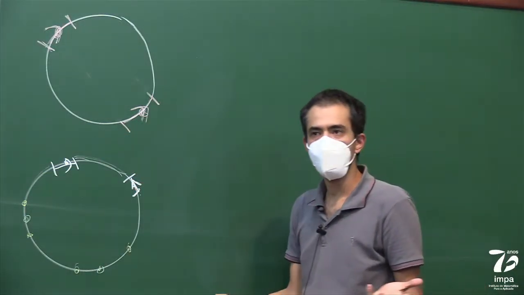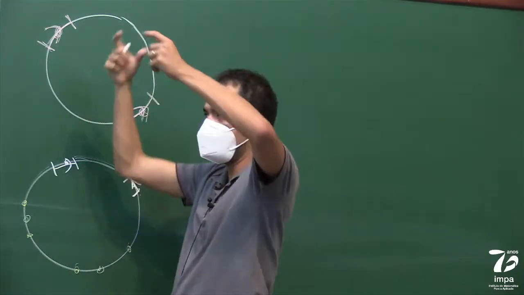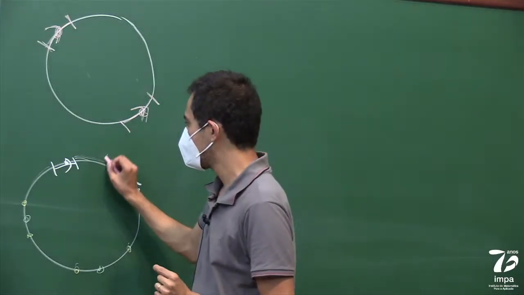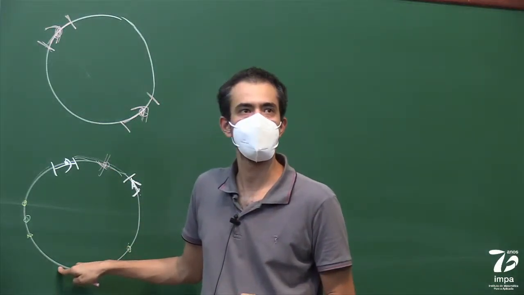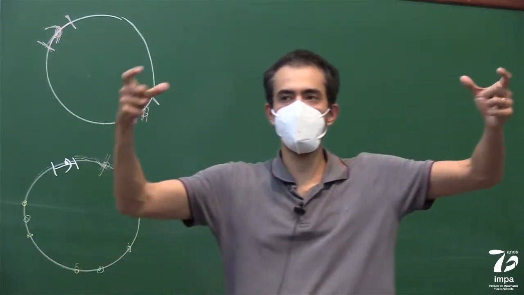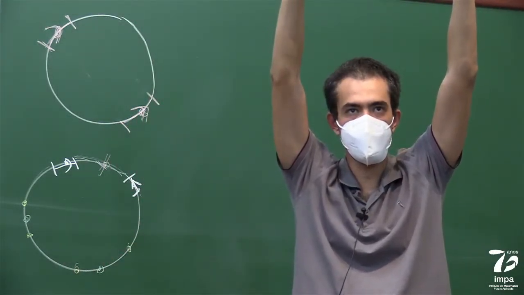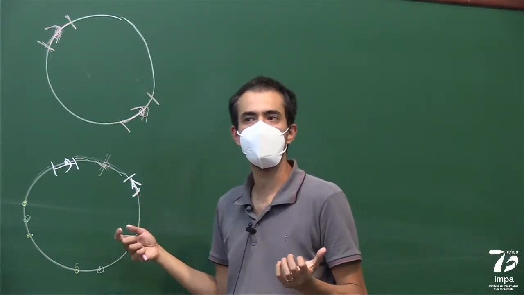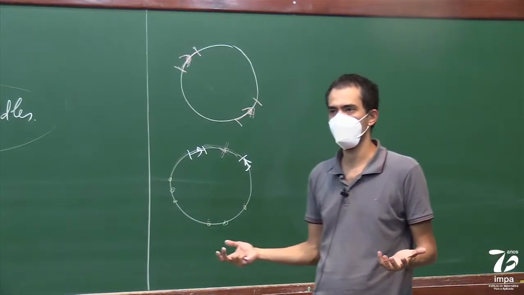The only way to get a circle at the end is if you attach a 1 handle that will have an end here and an end somewhere else. That's the only way to attach a handle that will connect the 2 parts of the boundary and get back to 1 connected component, 1 circle. So that's why they have to be intertwined. And at first, you could think, okay, they can be intertwined in a kind of crazy way.